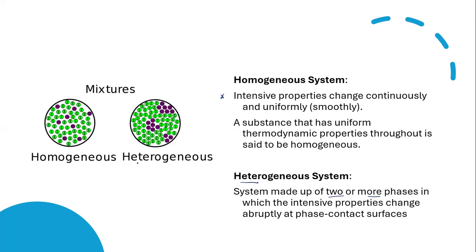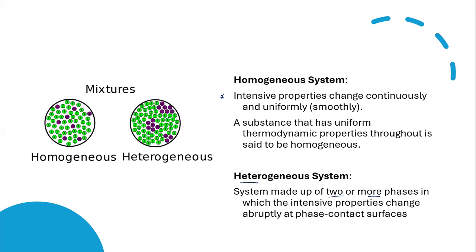Let's have a look at this diagram over here. We have the purple and we have the green. The purple are more clustered together. They don't look like they are mixed up together. The purple and the green look more separated inside of the mixture. So the purple clustered molecules and the green clustered molecules tell us that these substances are together, but separated from each other.